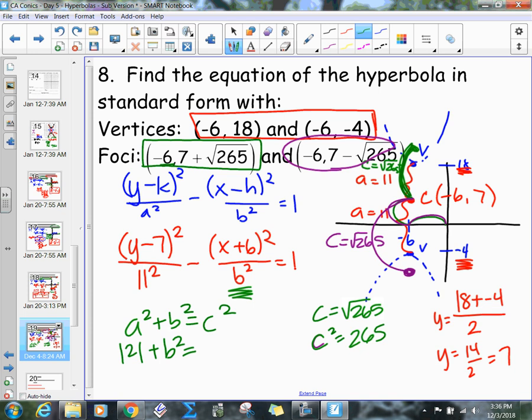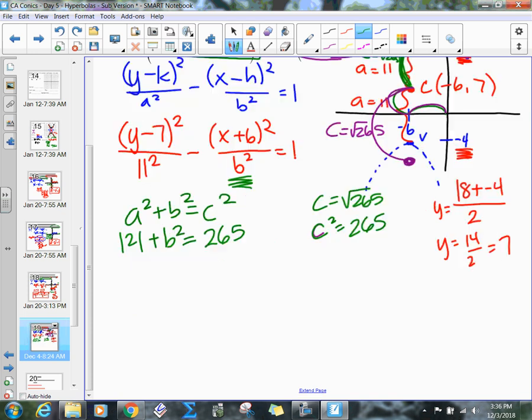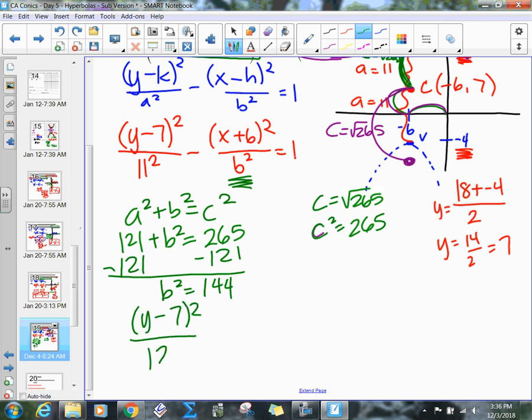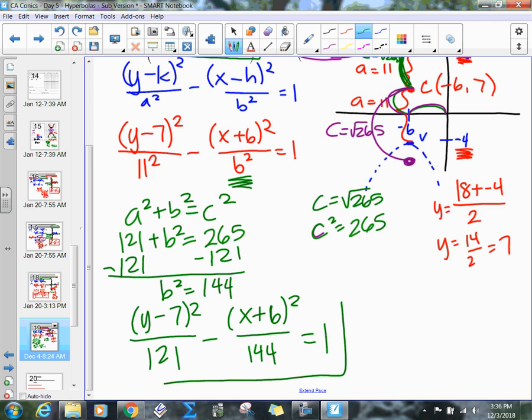I don't know b², but c² is 265. So I've got to find b². And so I get b² is 144. So (y - 7)² over 121, minus (x + 6)² over 144 is equal to 1. Phew.